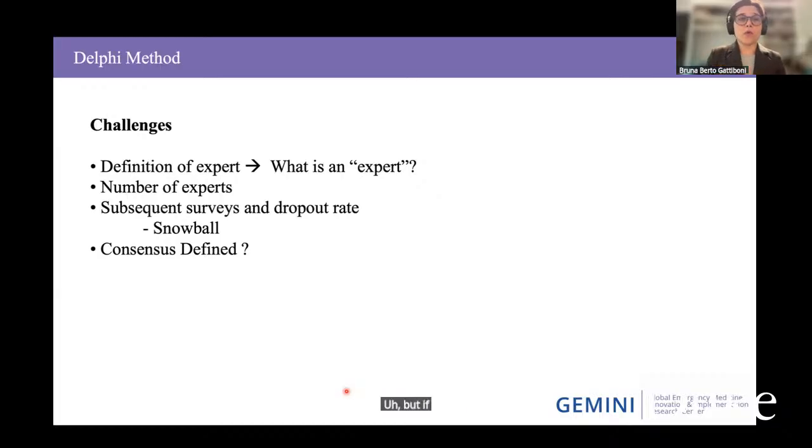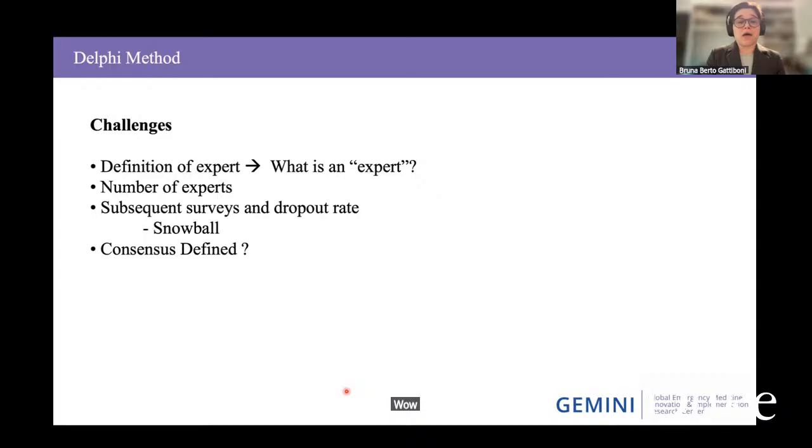But if you would like to do a nominal technique, they recommend only 7 expert specialists, because you will need to discuss every single one of these questions, and sometimes you spend 2 hours on only one question. If you have too many experts in this technique, maybe you will lose time and sometimes you don't reach a consensus.